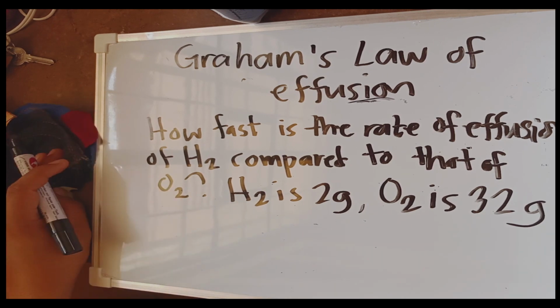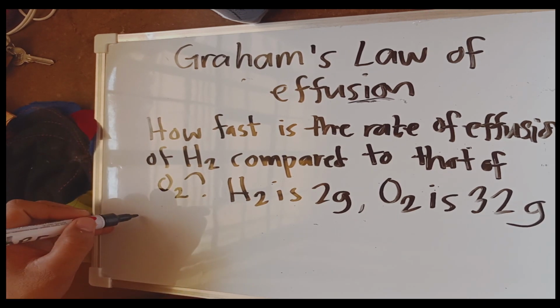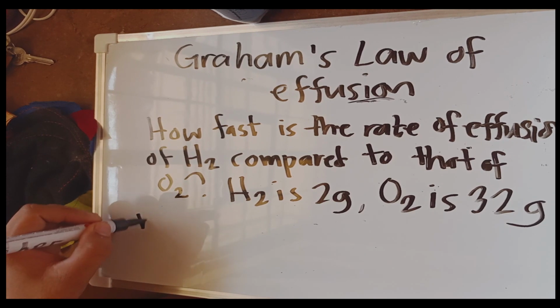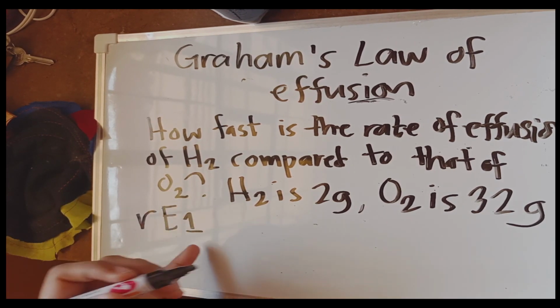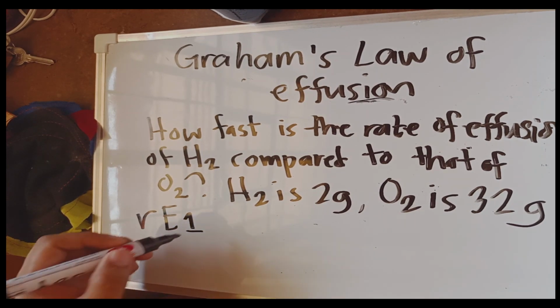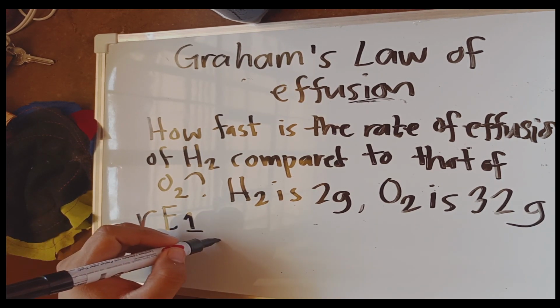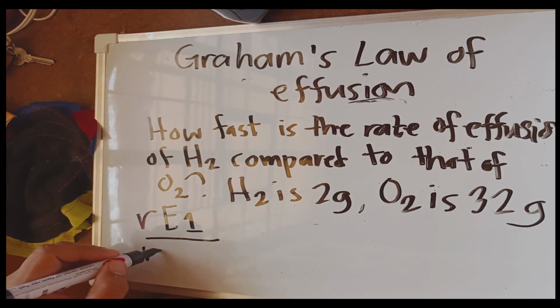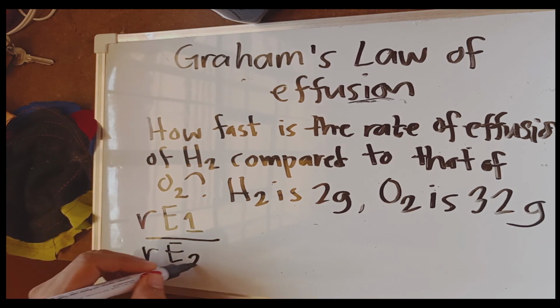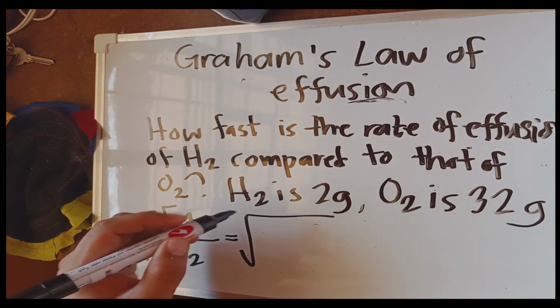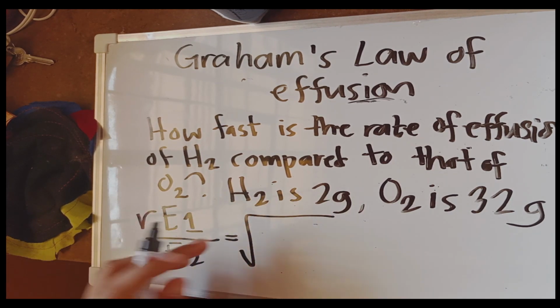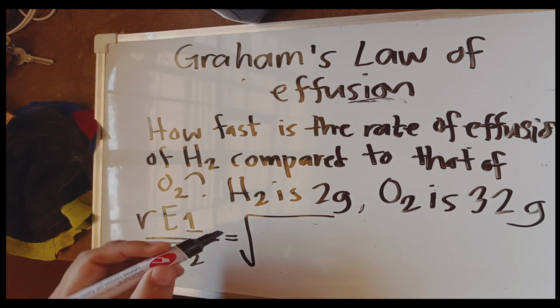So we can write the rate of effusion formula. Maybe I'll just write it here. RE1, which is rate of effusion 1, divided by the rate of effusion 2. This is the formula, right? And then the square root of, what is the next one?